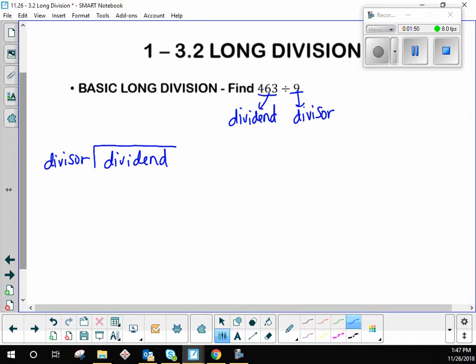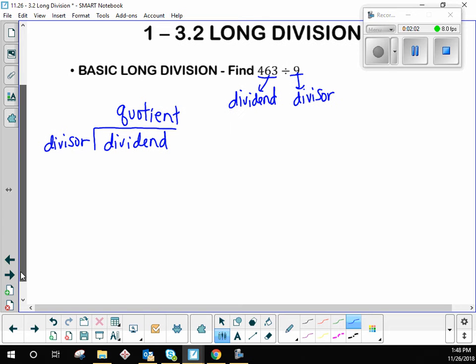And we'd get some numbers up on top. That's your answer, right? You form your answer up there. That's what we call the quotient. The quotient is the answer you get when you do division. And if it doesn't go in evenly, what do you have left over? You have a remainder. So you would subtract off some stuff, and you'd get a remainder.